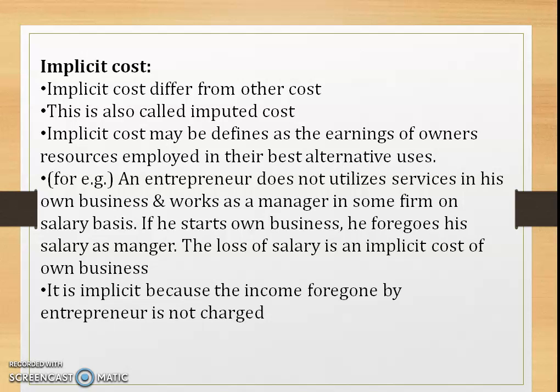And the interest on his own capital, suppose he has put in a capital amount of 10 lakhs, for example, the interest amount is not being calculated. So this comes under the implicit cost. It is implicit because the income foregone by the entrepreneur is not charged. That means it is not recorded in the company's account book. Right?